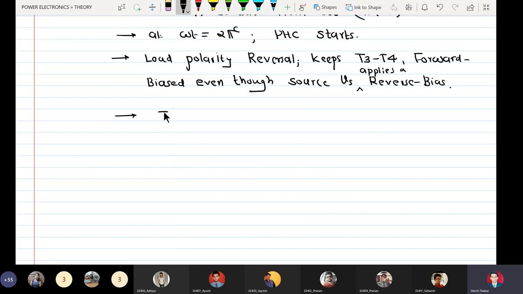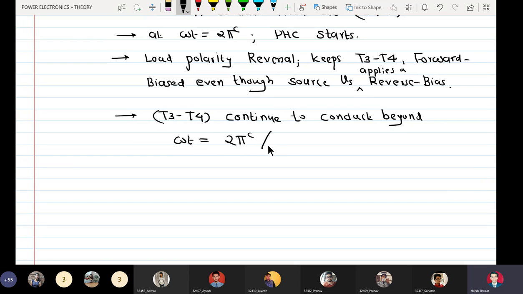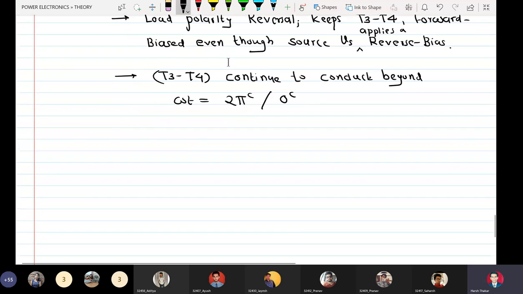Okay, so T3 T4 continue to conduct beyond omega t equal to 2 pi radians or 0 radians.